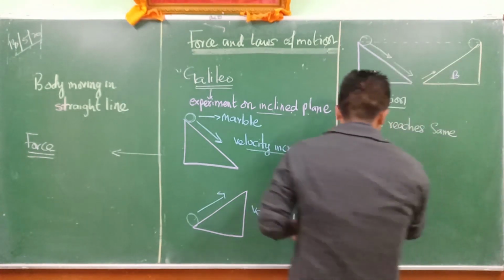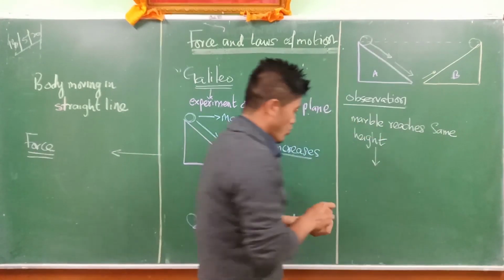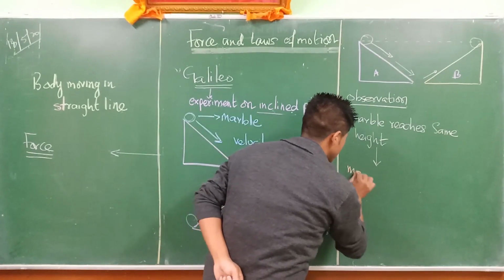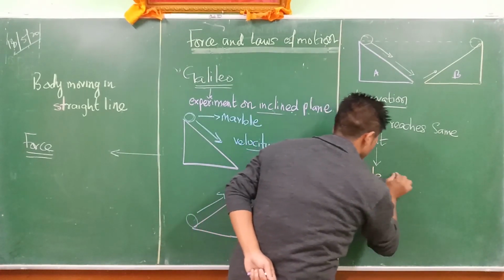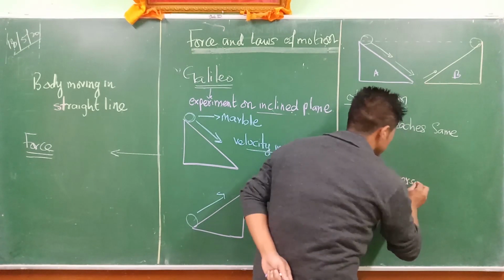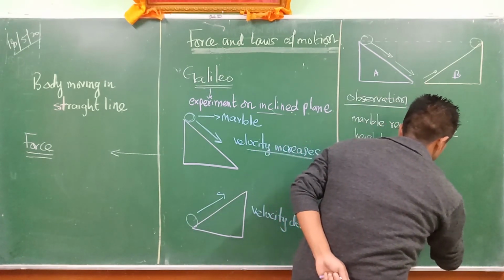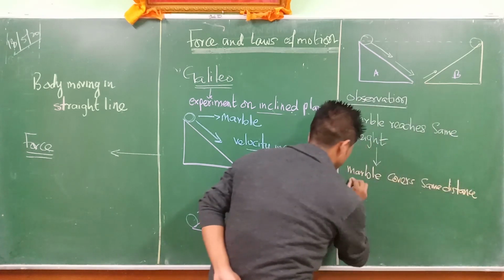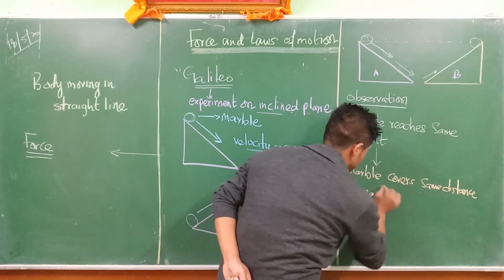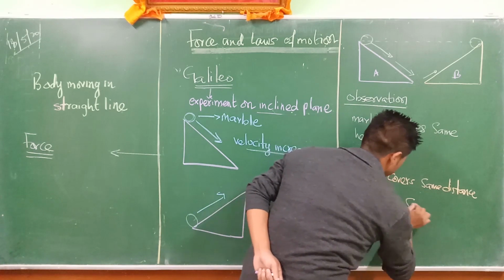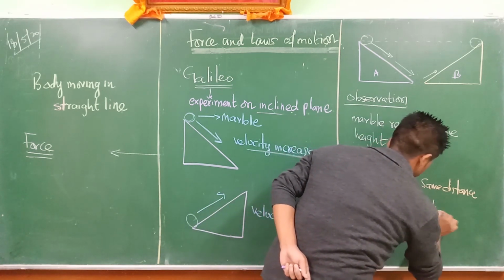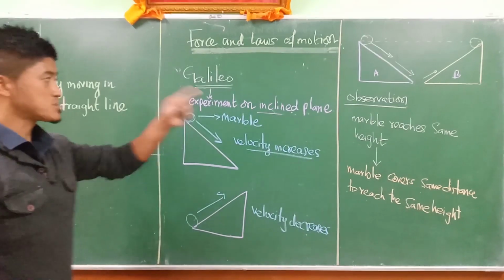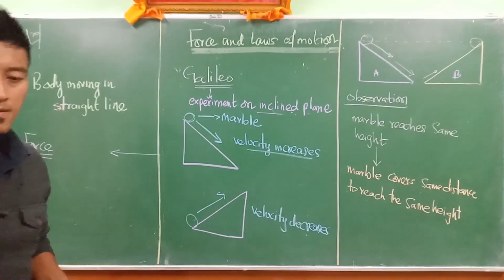So through this, what we came to know is that this marble covers the same distance to reach the same height. Okay, this was the first one, the inclined plane.